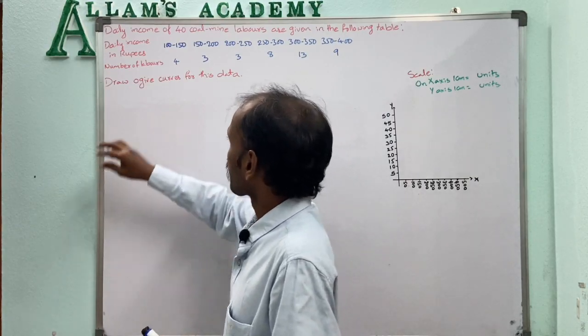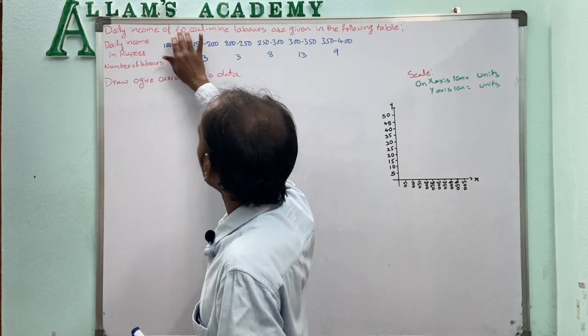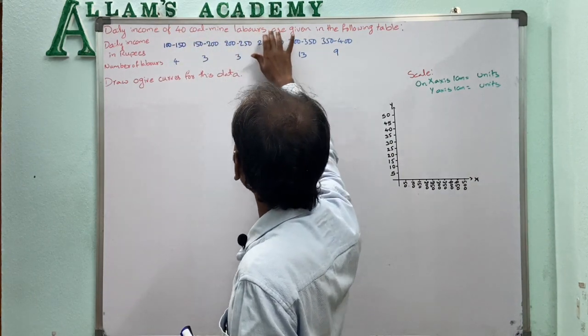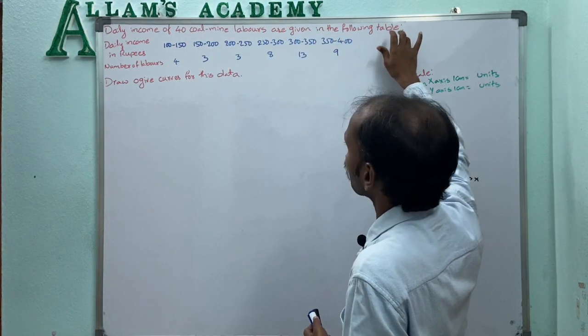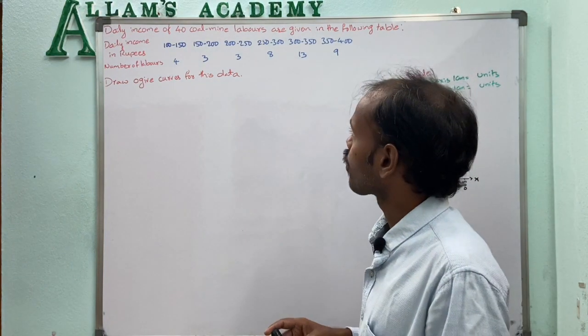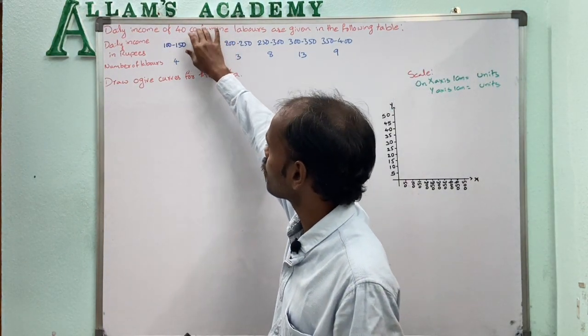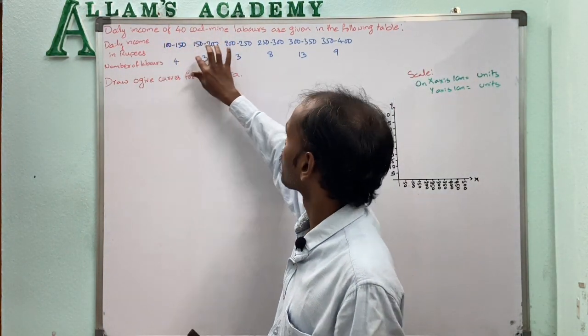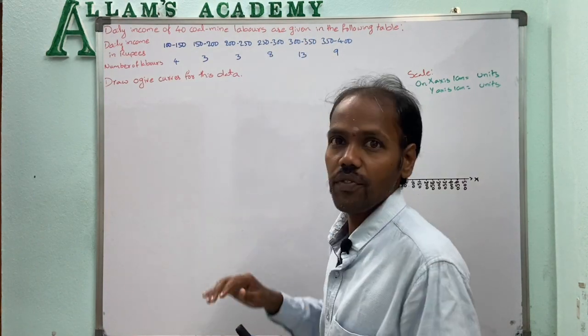The given problem: the daily income of 40 coal mine laborers is given in the following table. So for a coal mine, 40 members, the daily wage income is given in the information.